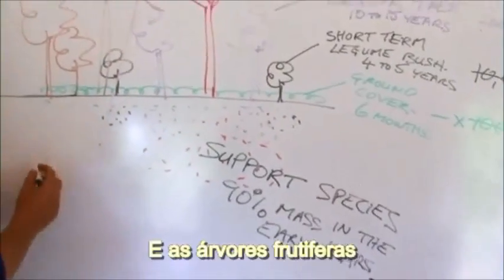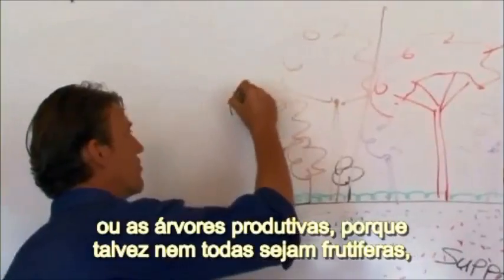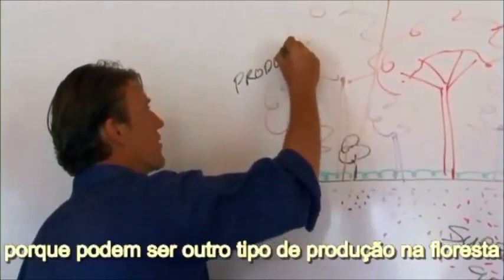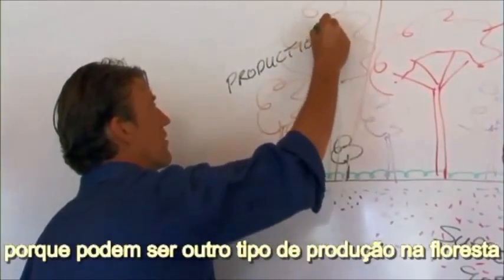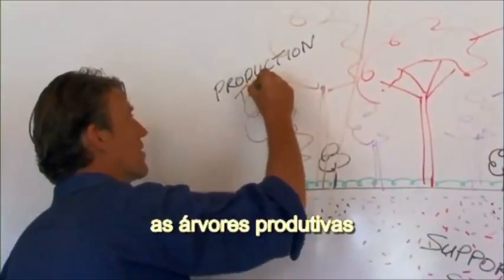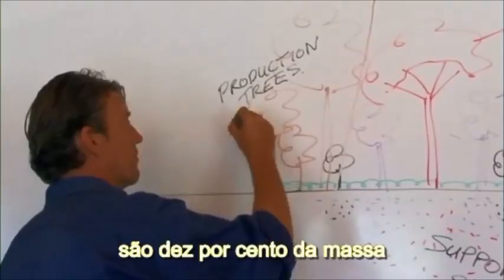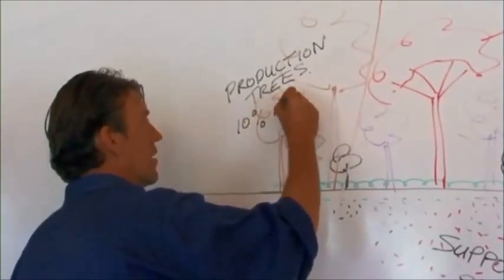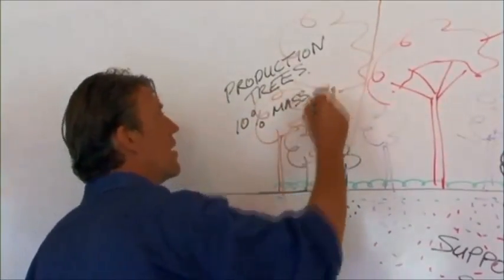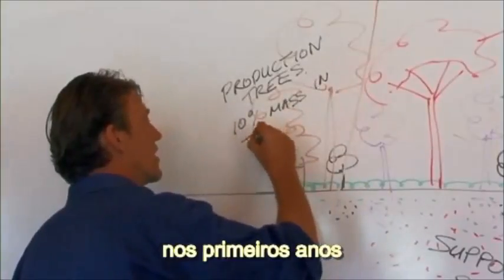And the fruit trees, or the productive trees, because they might not all be fruit, there might be other types of production in this forest, the productive trees are 10% of the mass in the early years.